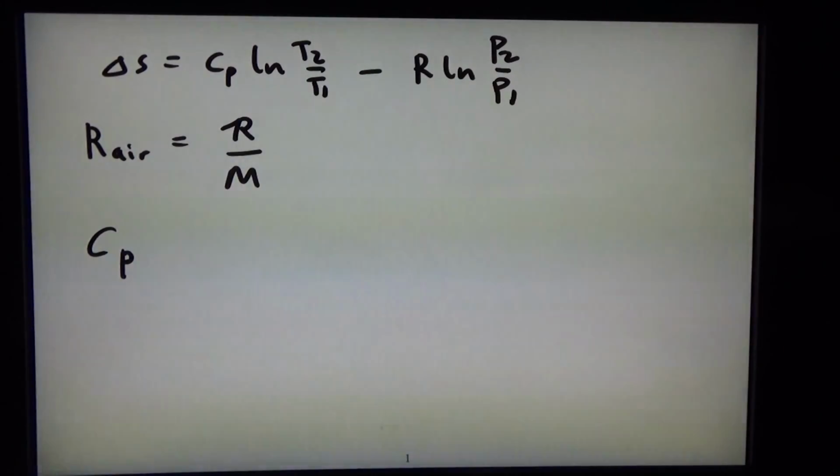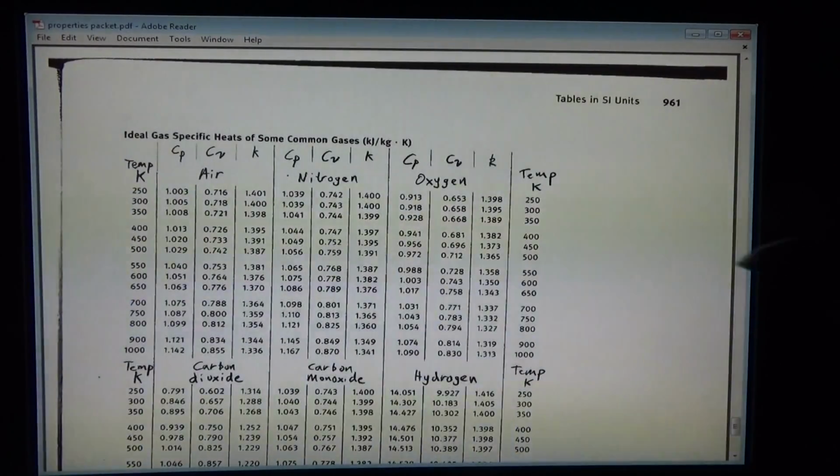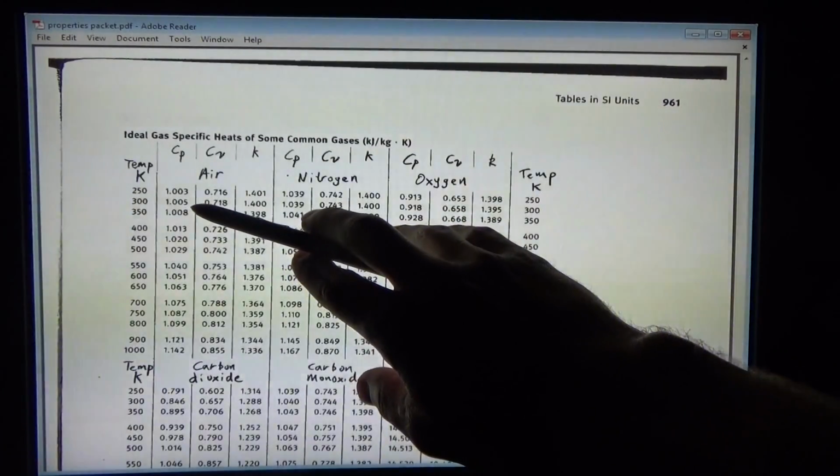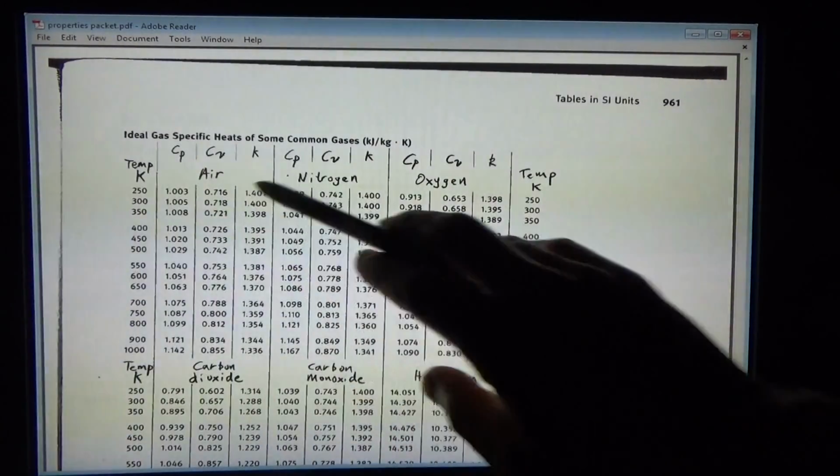Also, we need to get specific heat, average value between T1 and T2. So from the properties packet, T1 is 290. You can go to the end of the properties packet for specific heat values. So C sub P at 290, we would have to interpolate here between 250, 300, 1.003, and 1.005.